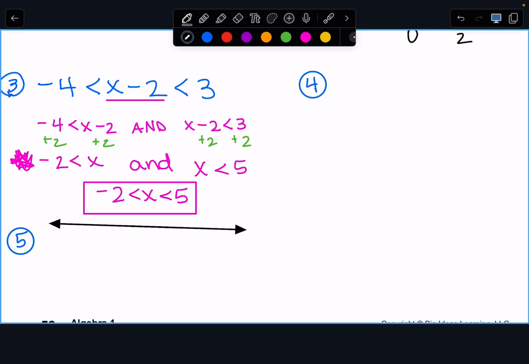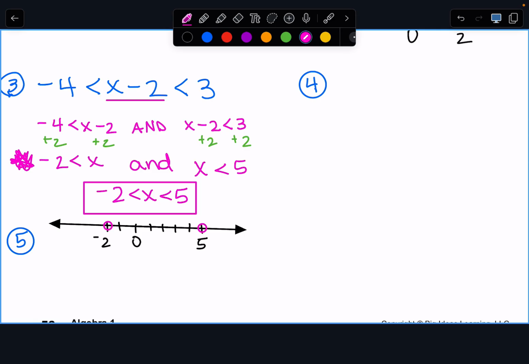Okay, so here is -2, 0, 1, 2, 3, 4, 5. So I have an open circle at 5 and I have an open circle at -2. Are those inequalities going to clash and go towards each other?